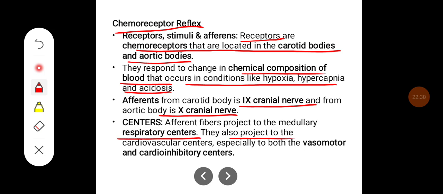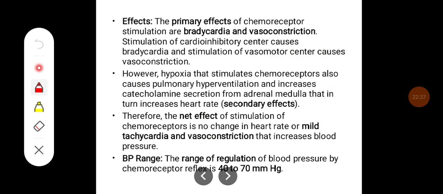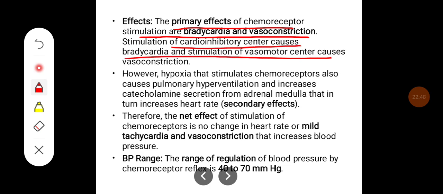They also project to the cardiovascular centers, especially to both the vasomotor and cardioinhibitory centers. The primary effects of the chemoreceptor stimulation are bradycardia and vasoconstriction. Stimulation of the cardioinhibitory center causes bradycardia, and stimulation of the vasomotor center causes vasoconstriction.